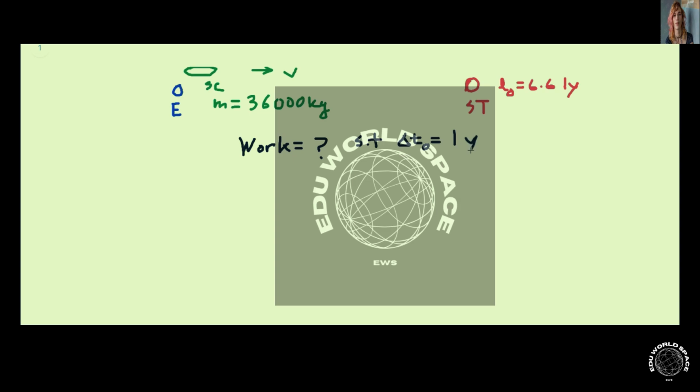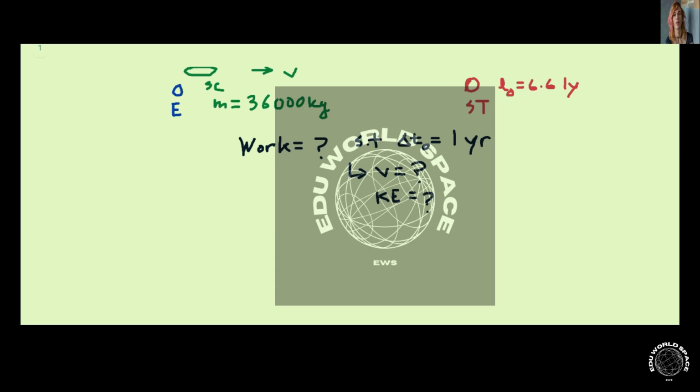We want it to reach the star in merely 1 year. So this means that you have to find the velocity at which the spacecraft must travel, and this will give you the kinetic energy. And we'll work through that.